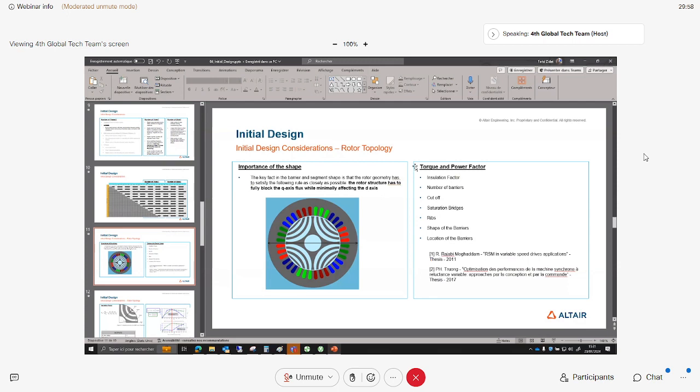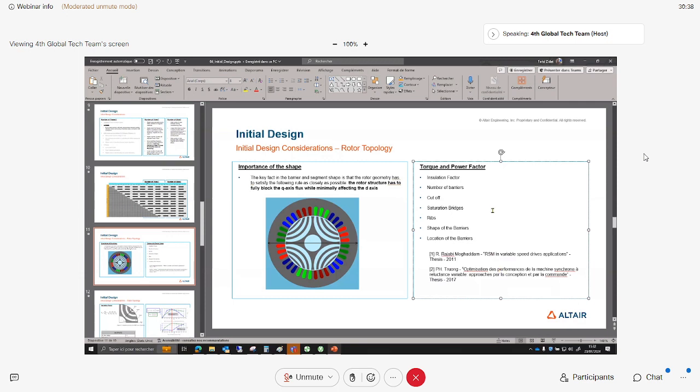Here I put some considerations. I took them mainly from these two references. From Rajabi Moghaddam, RSM variable speed drive application, this is a PhD subject topic. And the other reference is Mr. Truong, it's in French: Optimisation des performances de la machine synchrone à réluctance variable. So this is an optimization of a synchronous reluctance machine.